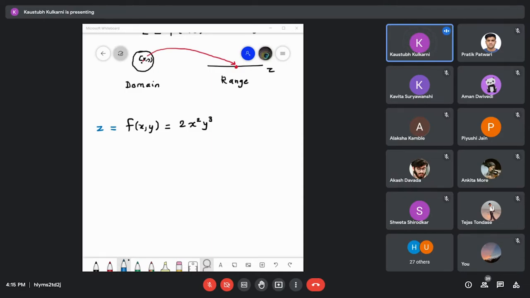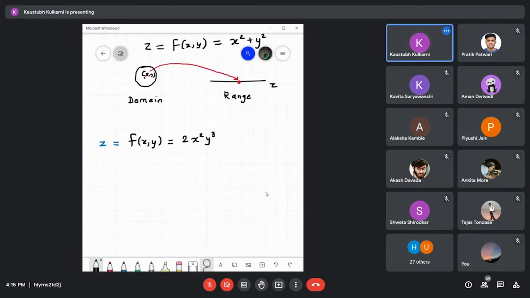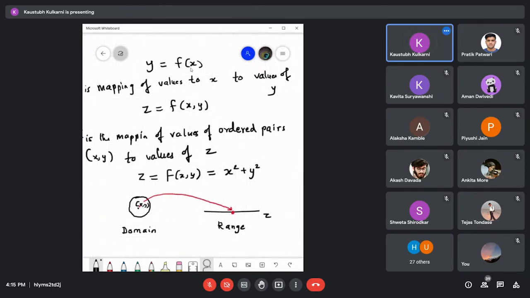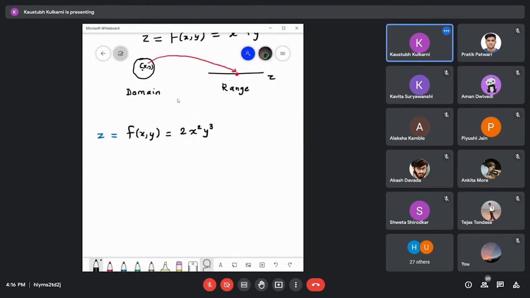So why do we require partial derivatives basically? Consider the case that we have a function of one variable f(x). The derivative of the function y will be dy by dx.